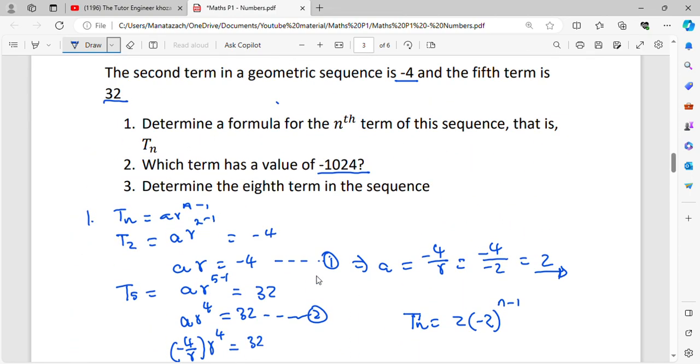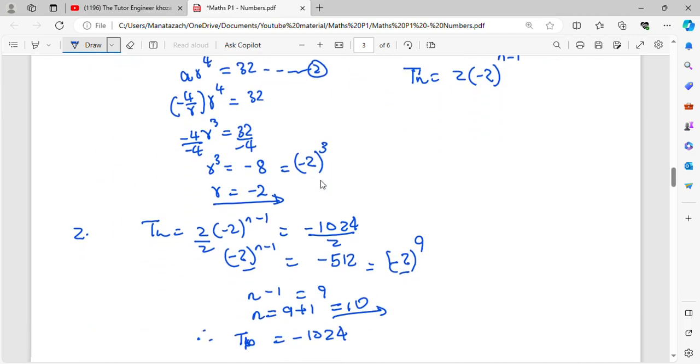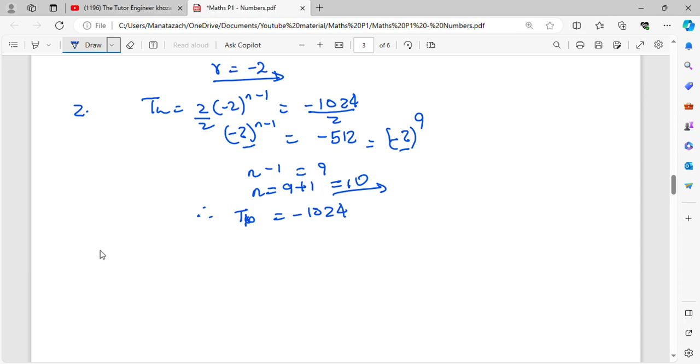Now let's go to the last question, question 3. Determine the 8th term of the sequence. And let's write here question 3. So the 8th term will be T8 is equal to 2 times -2, where there is n, we'll replace by 8. So here T8 is equal to 2 times -2 to the power 7.